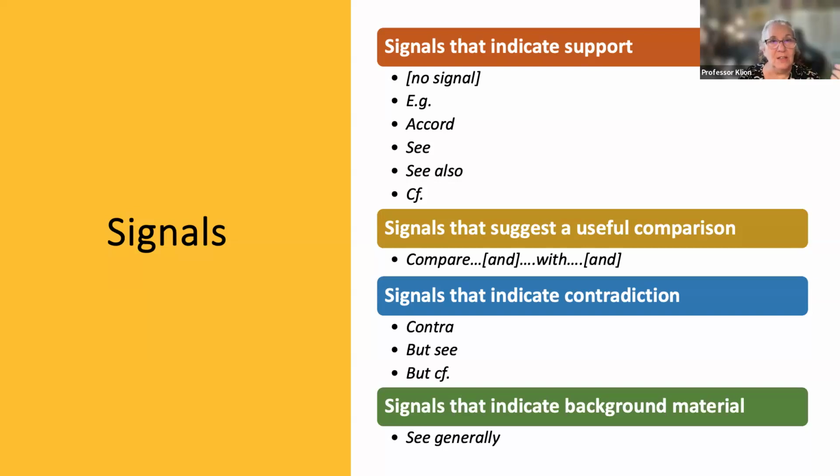Say you cited a case and then a second case in support. You end that sentence with a period before you move on to the next type of signal. Say you want to add a but cf. because there's a case that directly contradicts what you're saying. That would start a new sentence, and then the signal, of course, would be capitalized.